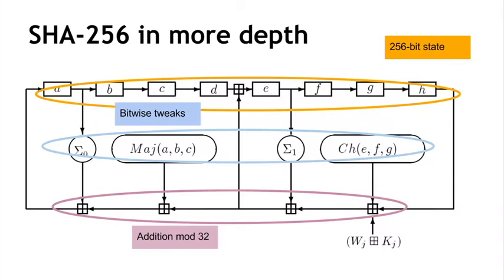And then a number of words in the state are taken, some with these tweaks applied, and added together mod 32 in a pipeline here. And then the result of all of these additions is wired over to the first word of the state, and the entire state shifts over.